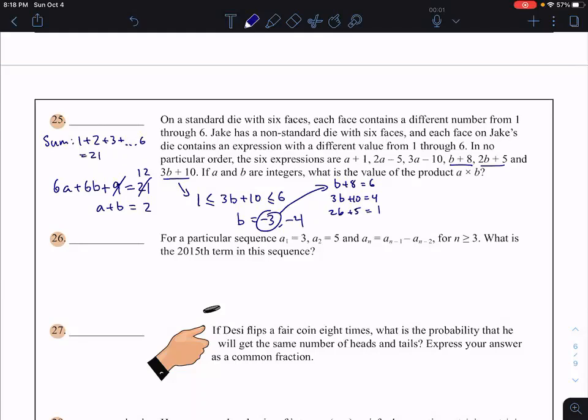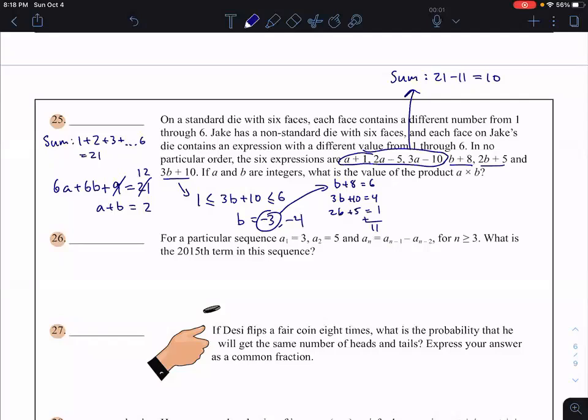Okay, now we're going to add these all up. That's 11. And that means that the three expressions with a, their sum is equal to 21 minus 11, or 10.